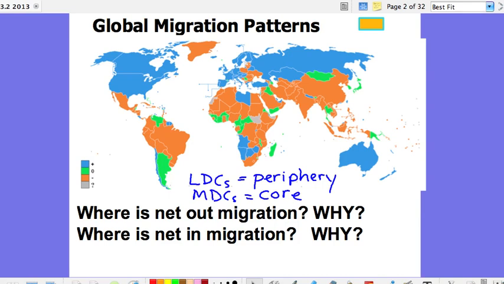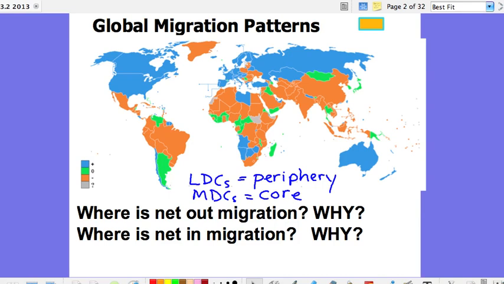MDCs, more developed countries, are the opposite. They are powerful politically, they're usually leaders economically, leaders culturally, as they are trendsetters for popular culture. And these countries are also called core countries. A core is at the center of something. So periphery and core in this instance is not a geographical location, it's more influence.